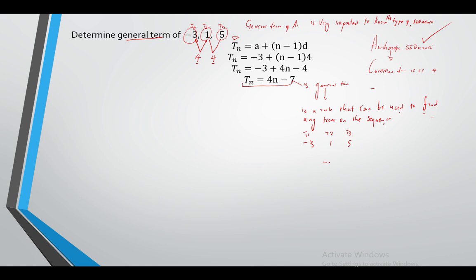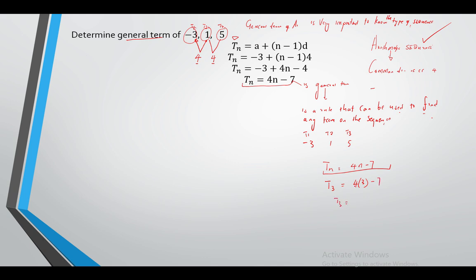Let me write it down again: Tn equals 4n minus 7. The general term is able to find any term on the sequence. I know term number 3 is 5, but suppose I don't know it. Let me try to find it. Where there is n, I put 3, because I'm looking for term number 3.